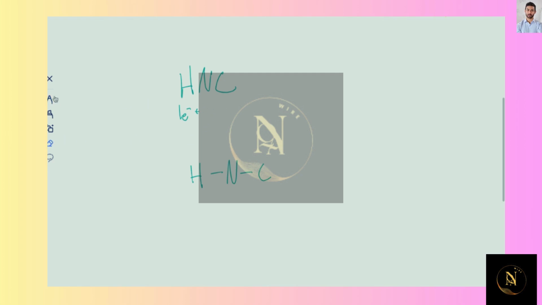Nitrogen, which is in group 5, is going to give us 5 valence electrons. And carbon, which is in group 4, is going to give us 4 valence electrons. So we've got a total of 10 electrons to work with.